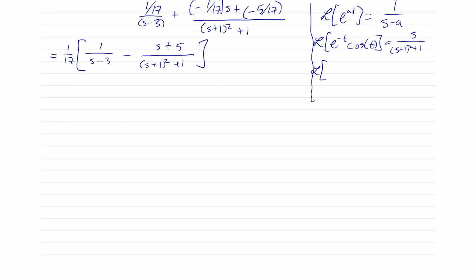And the Laplace transform of e to the minus t sine of t is equal to 1 over s plus 1 squared plus 1. Oh, and this one on the cosine should have had the shift on top too. There we go. So I'm just pulling that straight from the table.